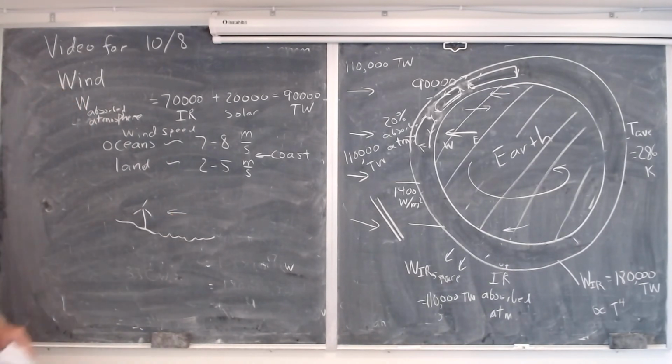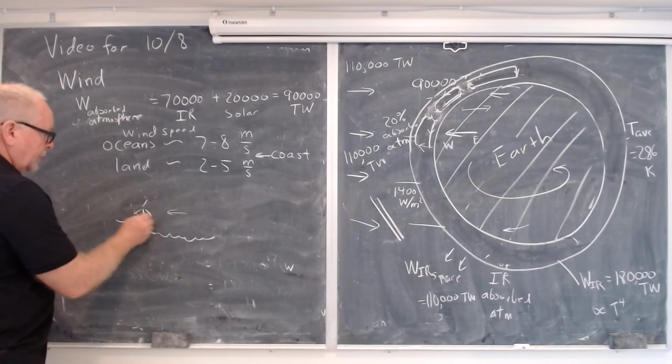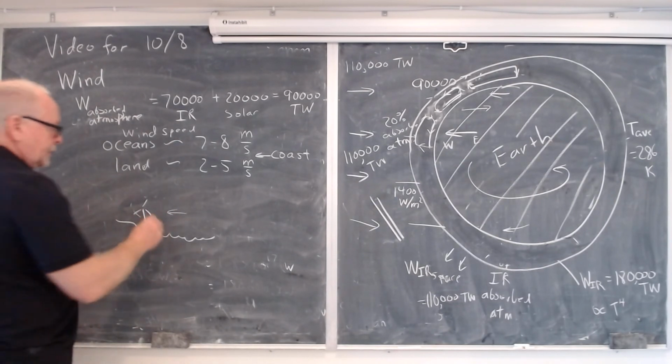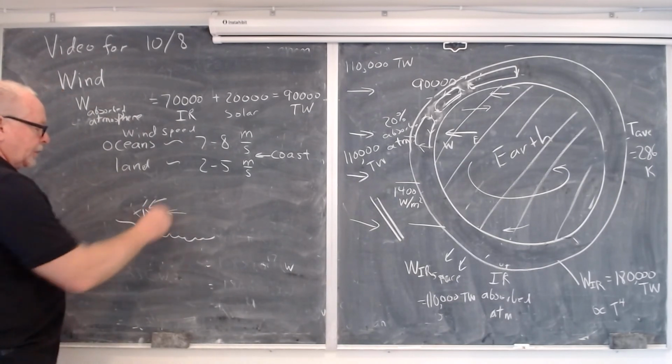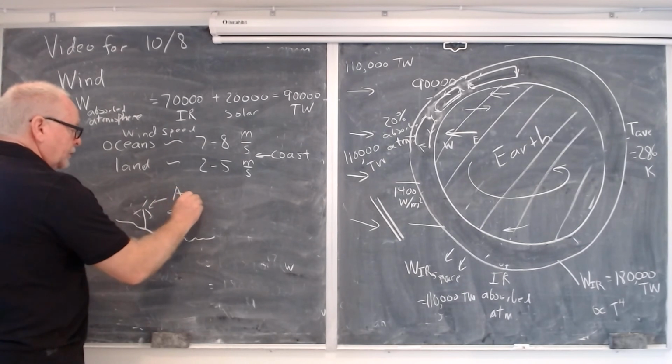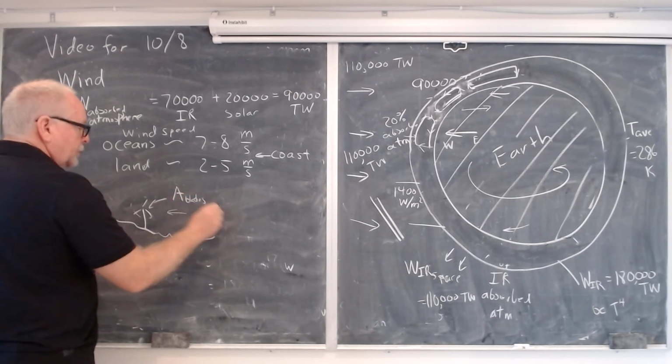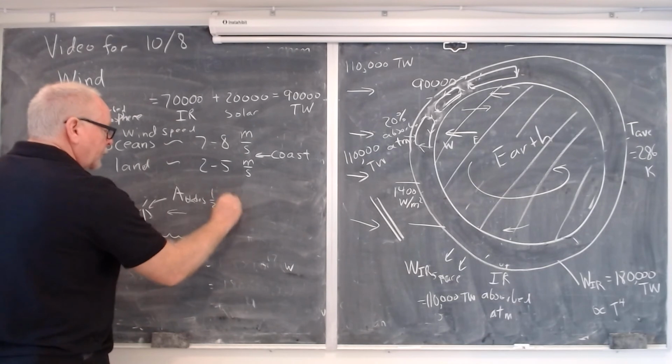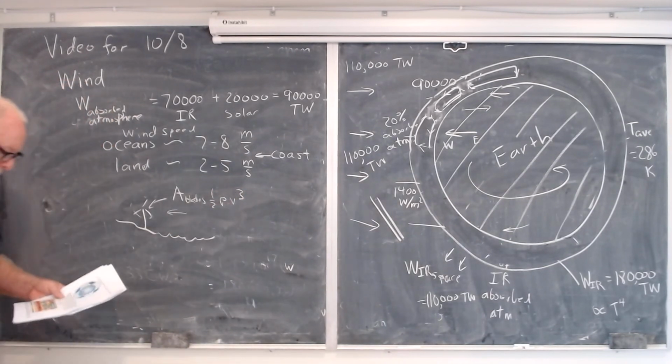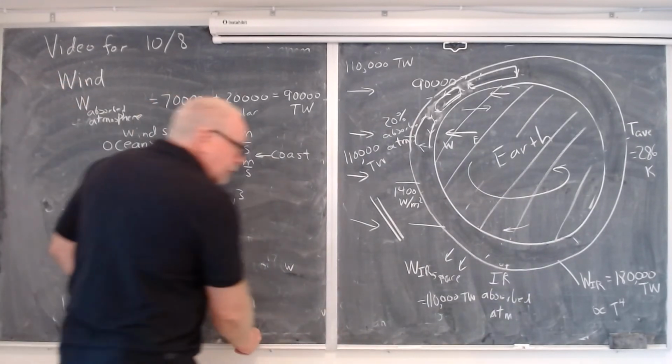And you know how to do this calculation. The wind power incident, you take the area subtended by the blades times 1/2 rho v cubed. And so you know how to do that now.